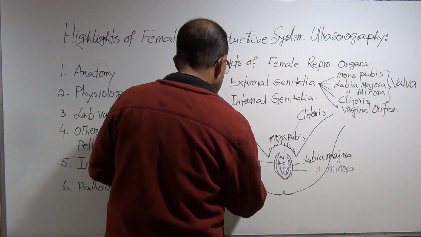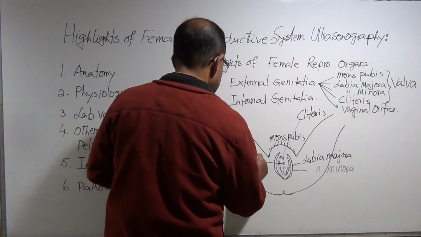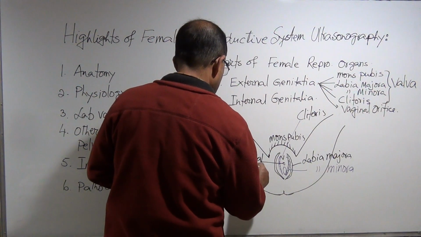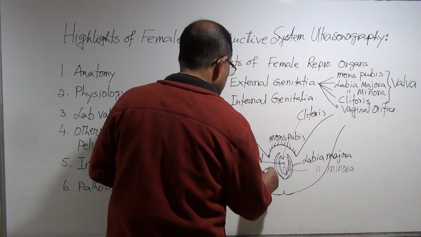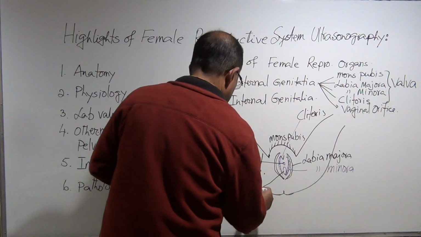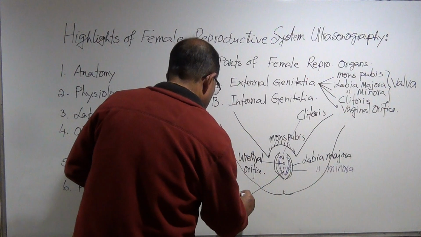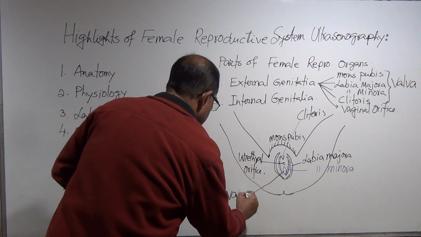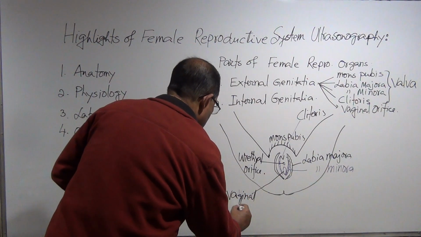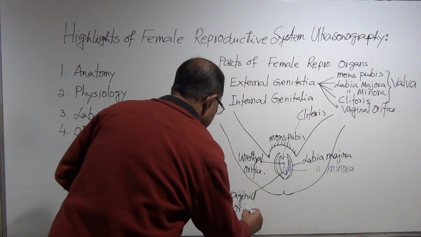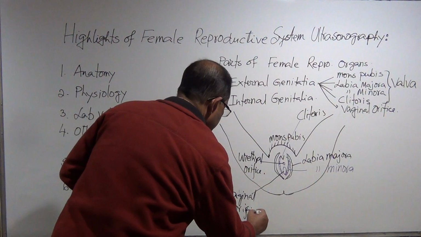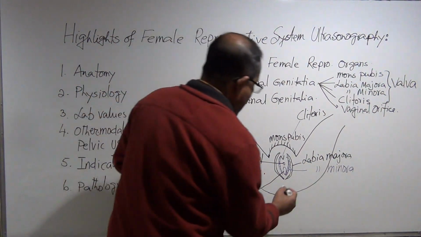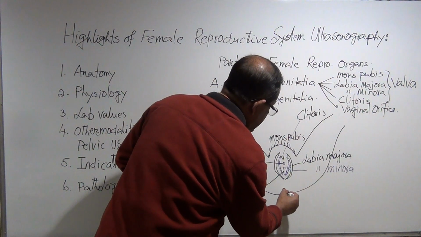This is the urethral opening, the orifice. This is the vaginal orifice, and the anus is here.